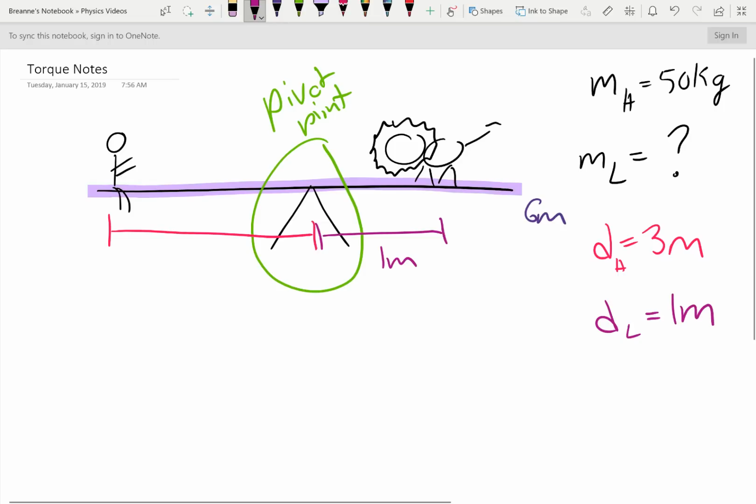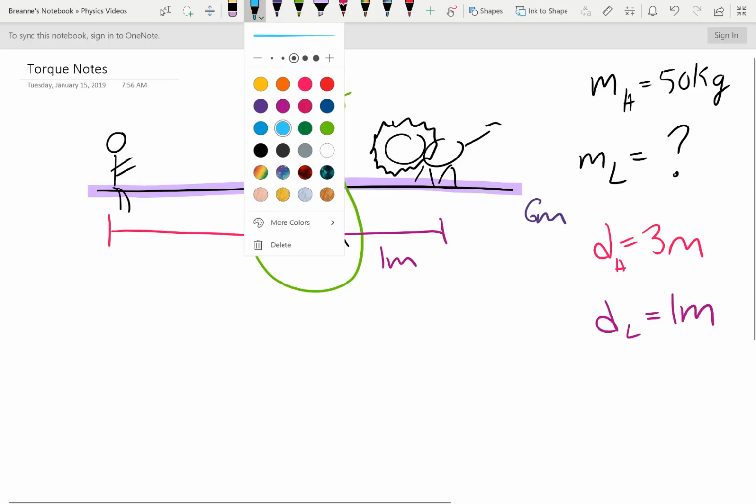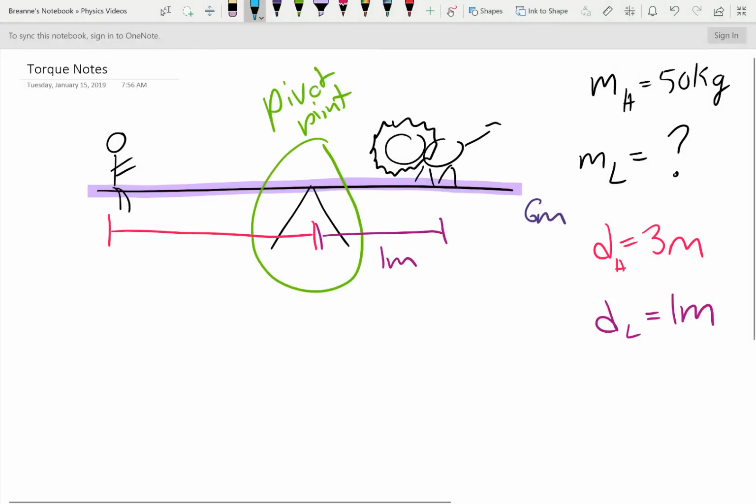Now we need to decide if it's spinning clockwise or counterclockwise. So Hannah, it's the force of gravity that's causing her to go down. So which way would she spin? If we take our pen, we go down and think about how, if this is our pivot point, just turn it into a door, how it would cause the object to rotate.